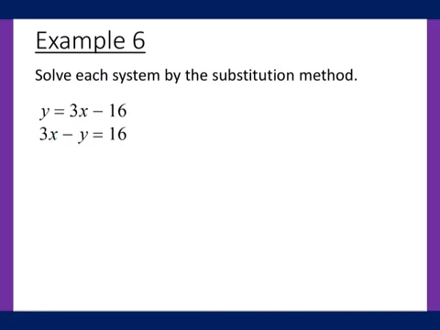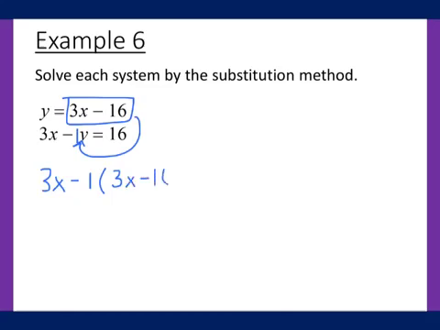So let's try one that I bet you can guess what this one's going to be. Maybe you can, I don't know. Remember there's a 1 in front of this y. It's going to help us distribute here if we put a -1 instead of just a negative. So 3x minus 3x plus 16 equals 16.